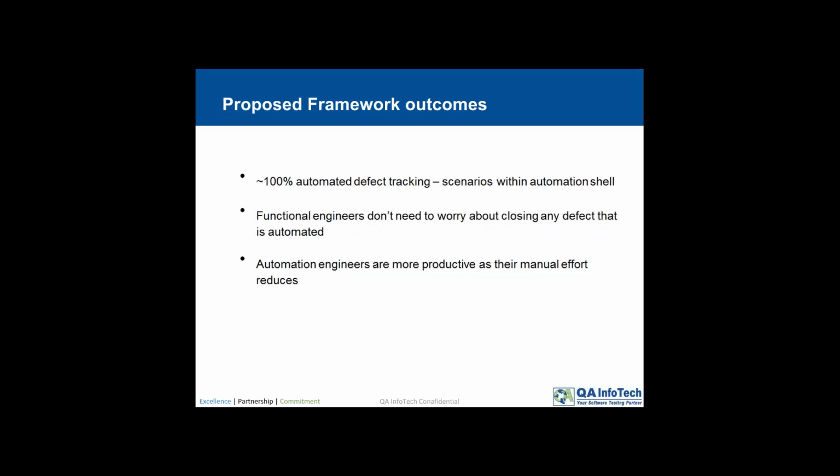Moving on to the next outcome, as we've already discussed, once the automation script results are posted back, the status of a story can be changed accordingly. This removes any manual dependency on the functional team for assigning the story to the concerned team member or closing it if required.